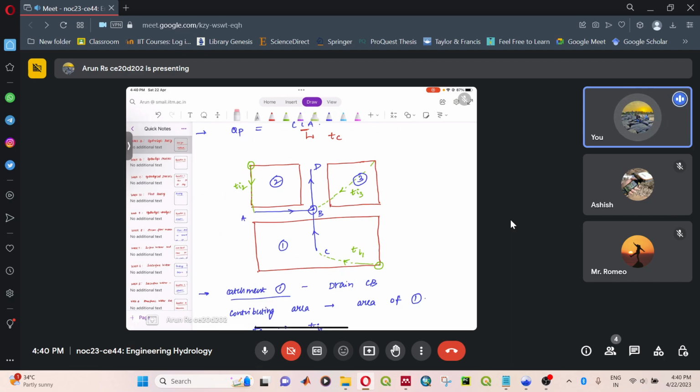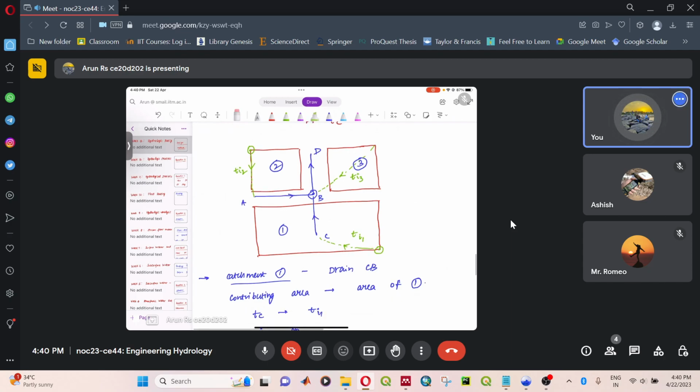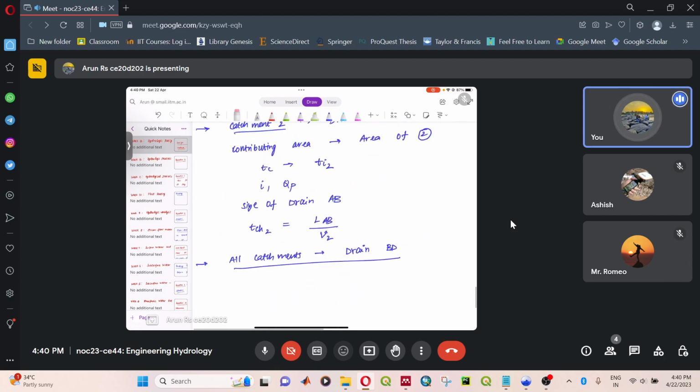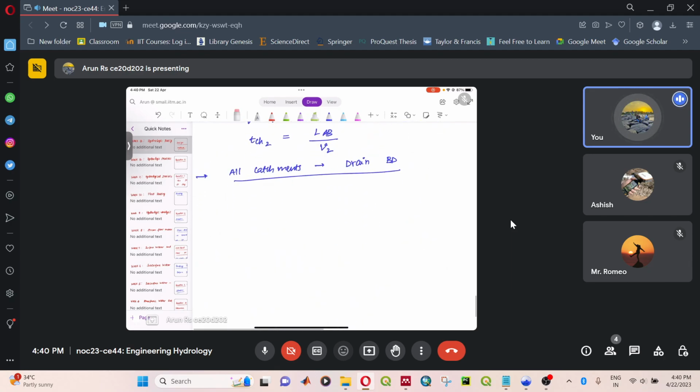And if you want to find out the time of concentration, it can be from any of the catchments. It can be Ti1 plus Tch1, or it can be Ti2 plus Tch2, or it can be just Ti3. We don't know. So we need to find out the time of concentration for all the possible cases, and we have to choose the minimum of that. So that is the one place which we have to be careful.